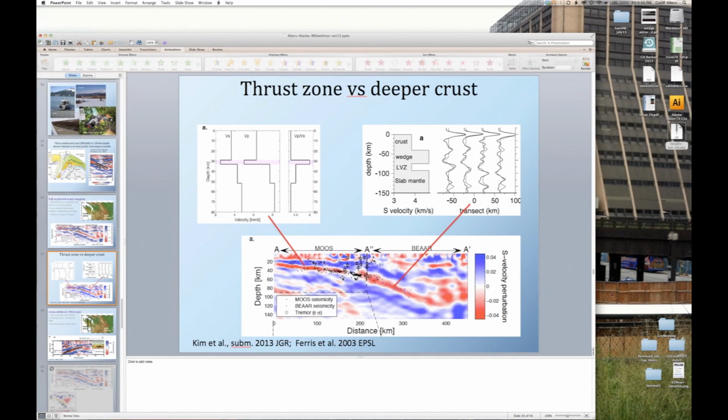I'm not 100% sure that we're doing this fairly, because I think in this image the black dots are seismicity we located with Moose, and the blue dots were a much sparser, shorter time period that we relocated in Bear. So some of this transition may just be because we're not using the same catalog, which we probably should do in this figure.